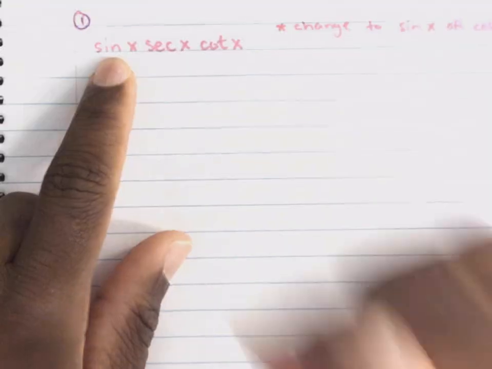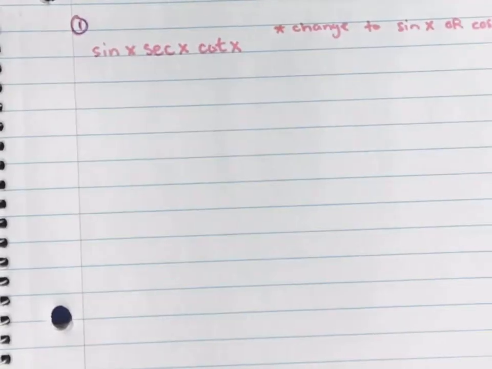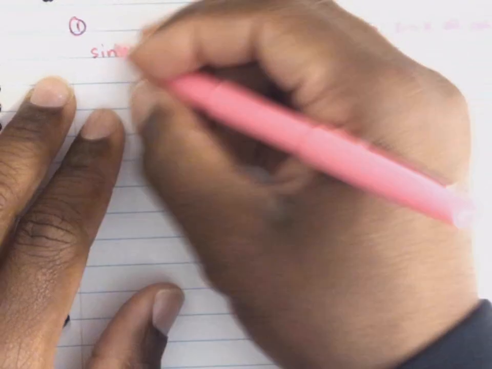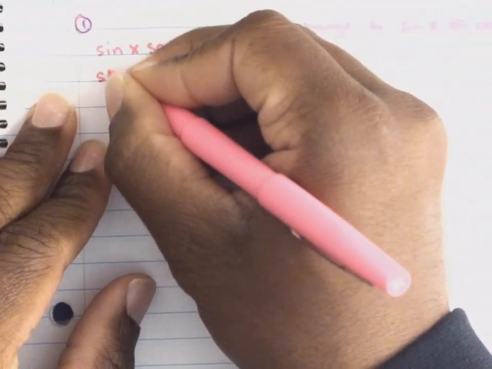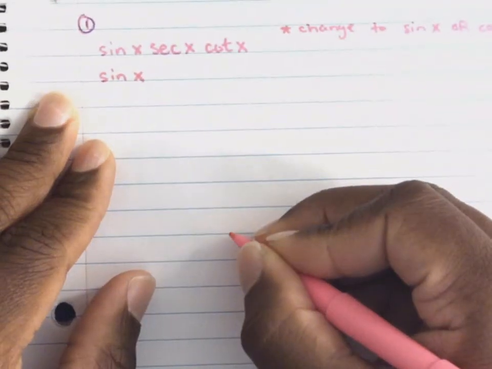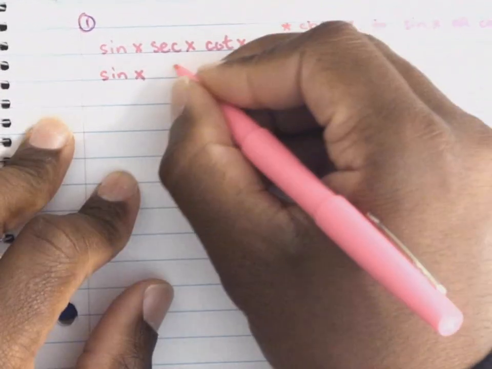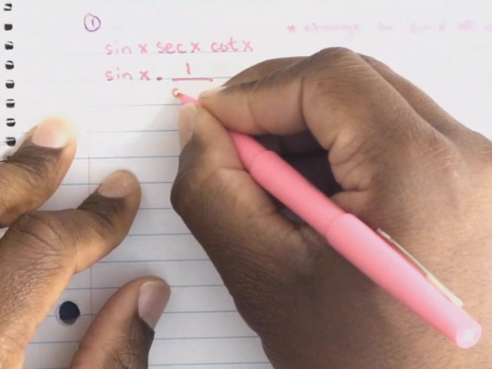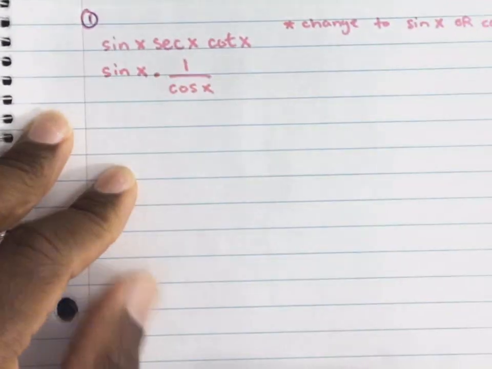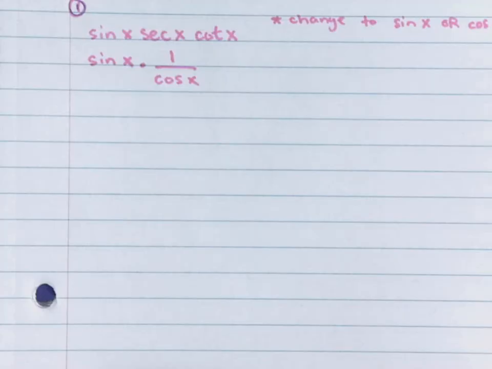All right, so sine's already sine. Secant, I can use the reciprocal identity, and I can write secant as 1 over cosine. So let me just start to write out what I have. So it'll be sine times 1 over cosine, using the reciprocal identity for this.